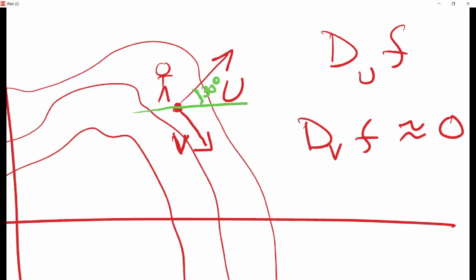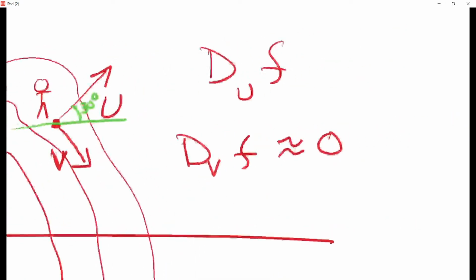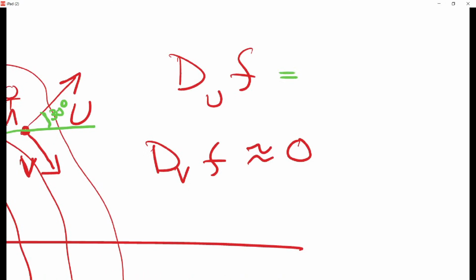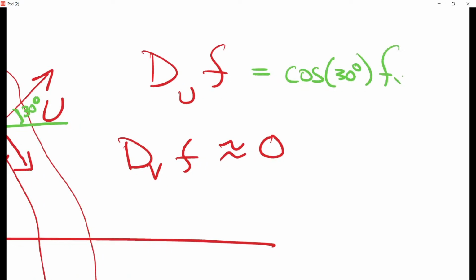I know it's closer to 45. So if I wanted to find this directional derivative, what I would do is the cosine of 30 degrees times f sub x plus the sine of 30 degrees times f sub y. That's it. It's as easy as that.